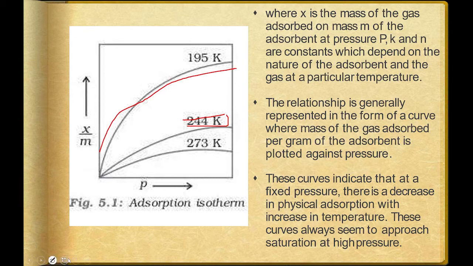So what can you conclude from this? As the temperature decreases, the curve increases. These curves indicate a fixed pressure, and there is a decrease in physical adsorption with an increase in temperature. As physical adsorption decreases with increase in temperature, that is why the curve gets lower.